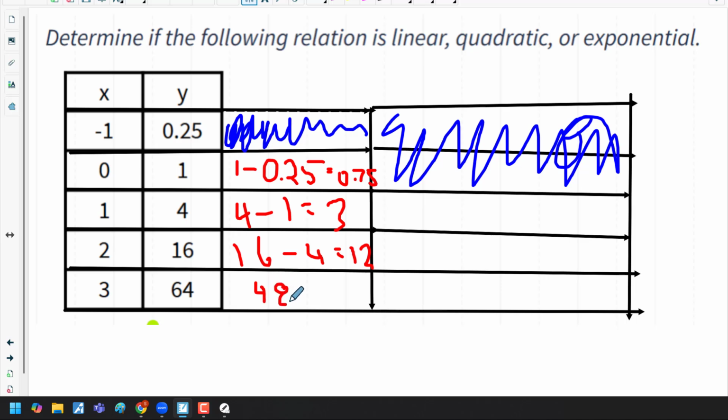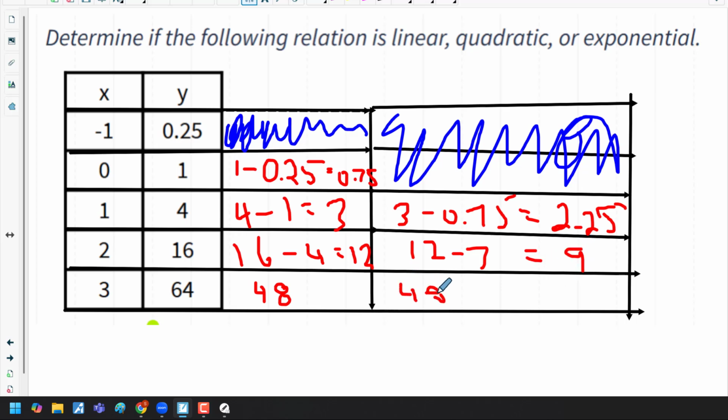Maybe wrong. Let me see. 64 minus 16, yeah, that's 48. Here we have 3 minus 0.75, which is 2.25. Here we have 12 minus 3, which is 9. And then 48 minus 12, which is 36.